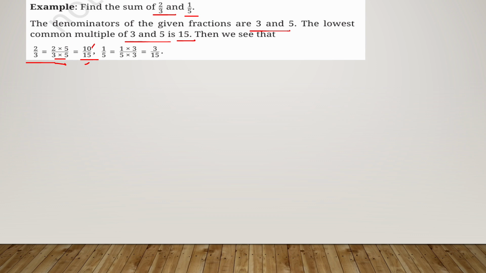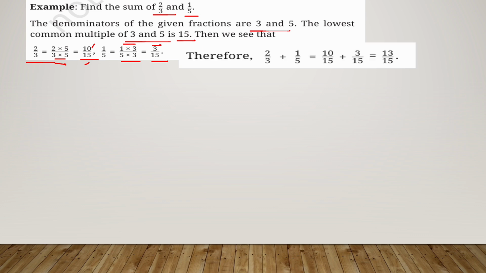Similarly, you have to convert 1 by 5 into an equivalent fraction with the denominator 15. See, 5 into 3 is 15. So you have to multiply by 3 in the numerator also. 1 into 3 is 3. So, 3 by 15.